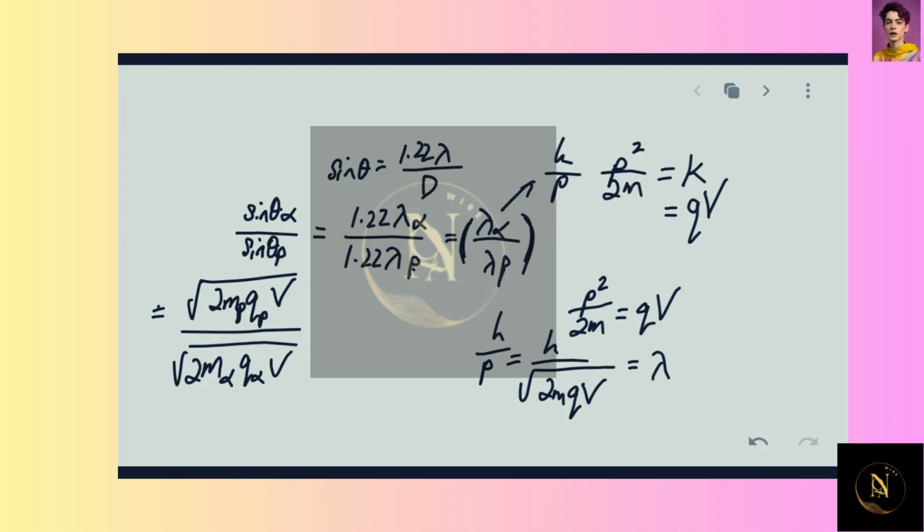V is the same once again, so we can get rid of that. The constant 2 we can also remove. So we're left with only the square root of m_p q_p over m_alpha q_alpha.